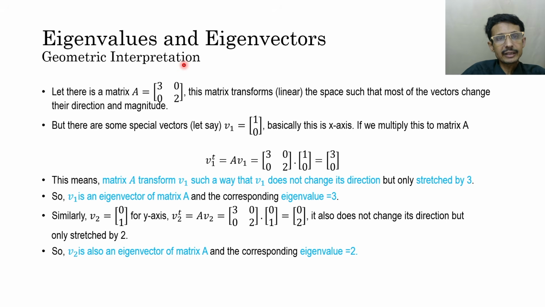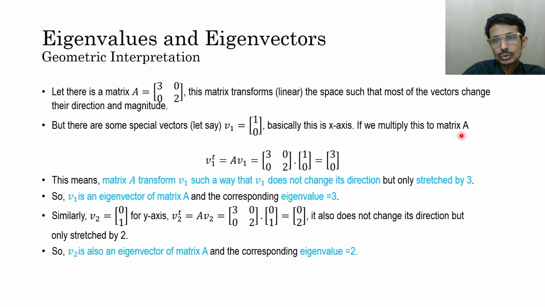Now, what is the geometric interpretation of this? Let there be a matrix A with entries 3, 0, 0, 2. This matrix is a linear transformation of space, such that most vectors change direction and magnitude. But let's say V1 is equal to (1, 0), basically the x-axis.